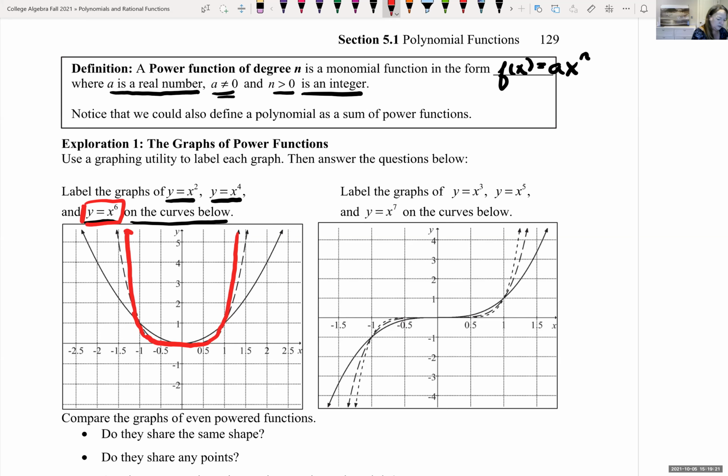If we graphed x to the 4th, that is going to be the next steepest one, because that's the next highest power. And then we have x squared. So this one is going to be the one in the long run growing at the slowest rate.